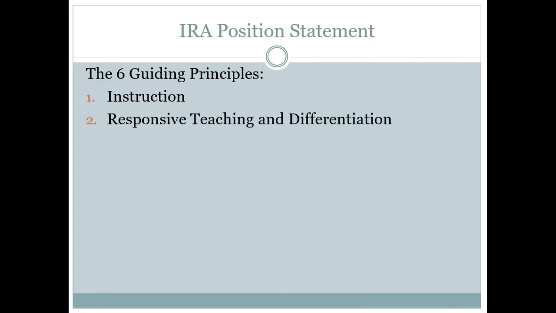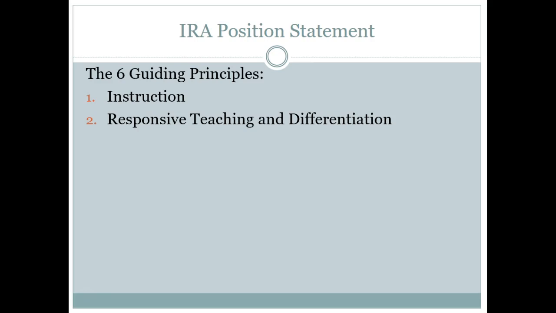Number 2 is responsive teaching and differentiation. So how are teachers differentiating in the classroom? What does that look like? When they give an assessment and they see the results, what are they doing with those results? Are they just pushing forward? Are they finding creative ways to go back and fill those gaps before moving on?